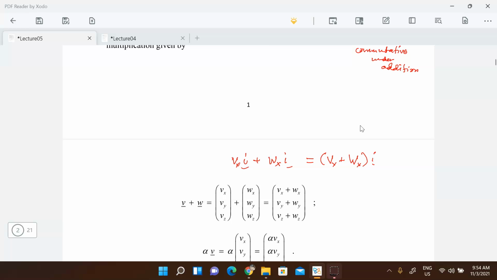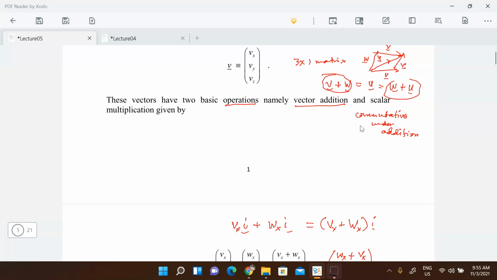And there you can see that the commutativity is much more obvious, because these are just numbers now. This is just saying that this is the same as W plus V. So that is one of the basic operations inside your vectors.